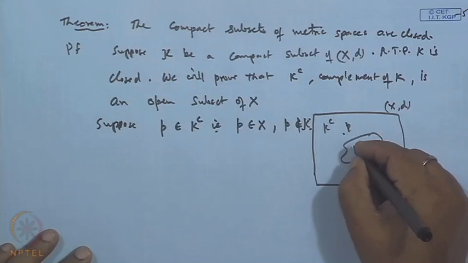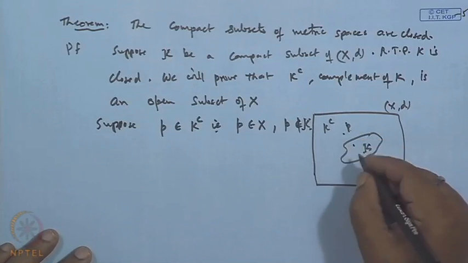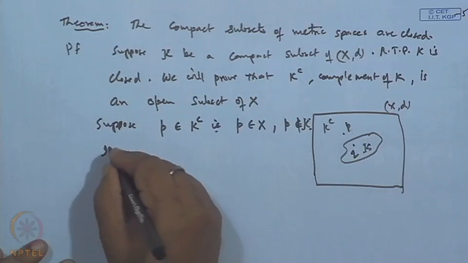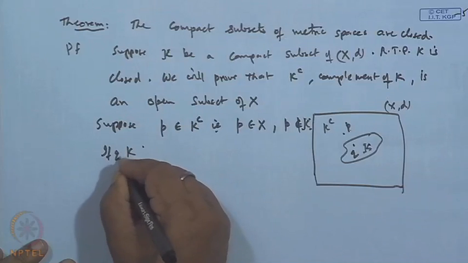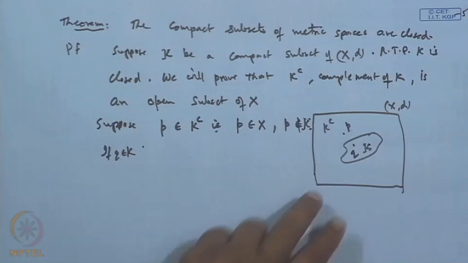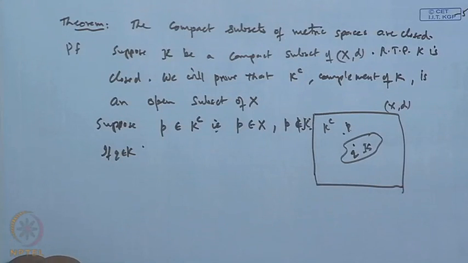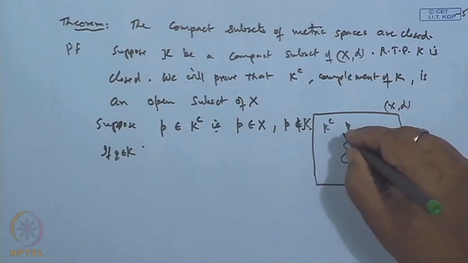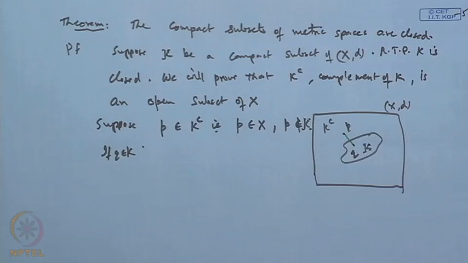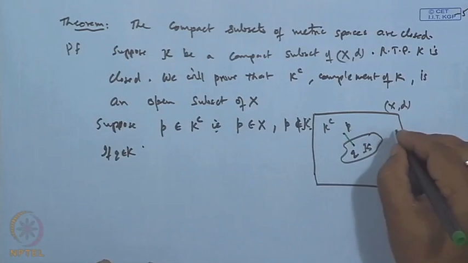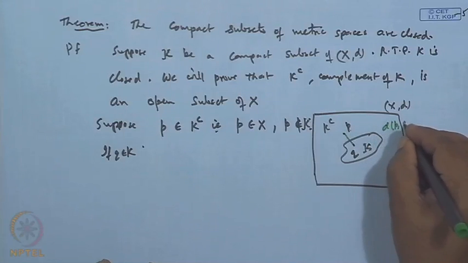Now, let us take a point q. If q belongs to K, then there is a distance between p and q. This is the distance between p and q, nothing but d of p q.